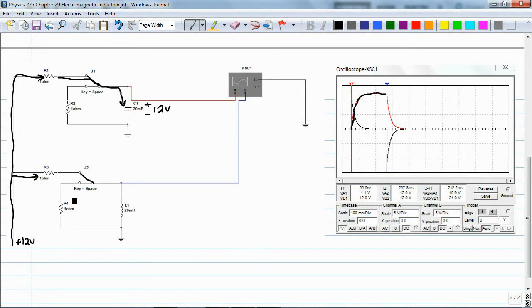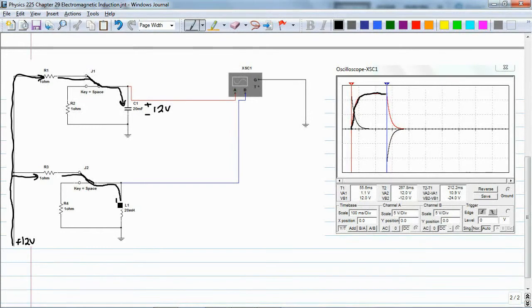But the inductor, what it does is when the current flows through, it's going to create a flux, and that flux is going to try to keep the 0 amps flowing through there that was originally there when the switch was closed. And so it's going to induce a potential to fight that. So it wants to keep it at 0 amps.